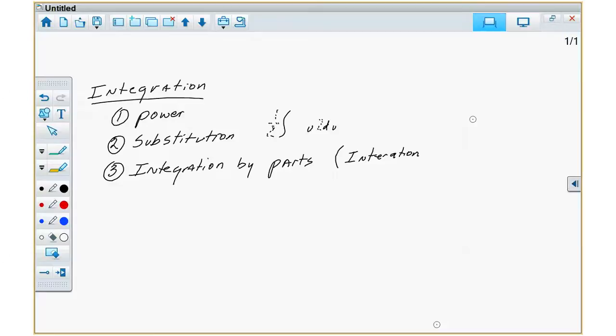What was that, Skype people? Okay, somebody just stand up. Integration. Look back in your notes. Integration product rule.